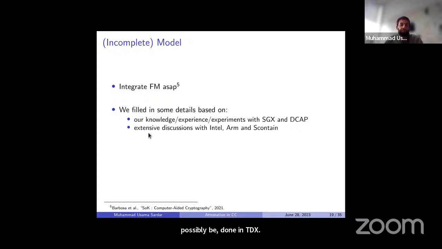And we had extensive discussions with Intel, ARM, and Scontain, the three technologies that I described in the three groups that we had before: Intel TDX, ARM CCA, and SCONE. We used these discussions to fill in the gaps. And TDX specifically, which I used as the running example in this talk, has 6 trusted entities within the protocol.